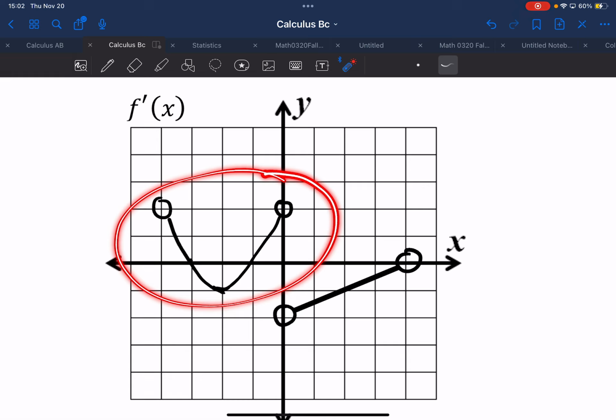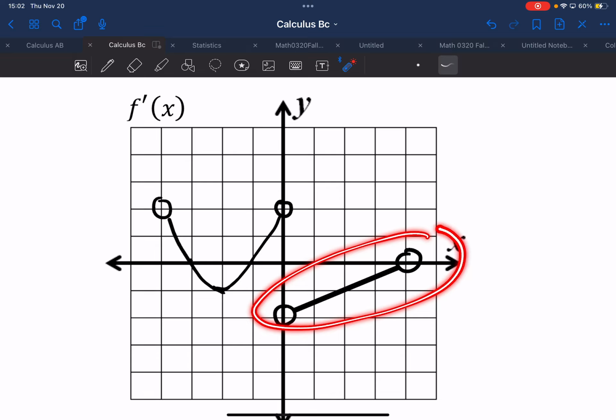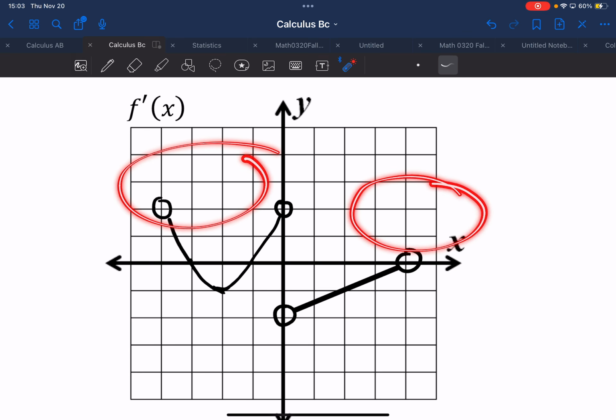And if we're trying to find the original function, what would we have to take the derivative of to get a quadratic? A cubic. So we know this one is going to be a cubic. Okay. And then this one, what type of function is this one? Linear, right? And in order to take the derivative and get something linear, our original function had to be quadratic. So we're going to have a cubic and we're going to have a quadratic.